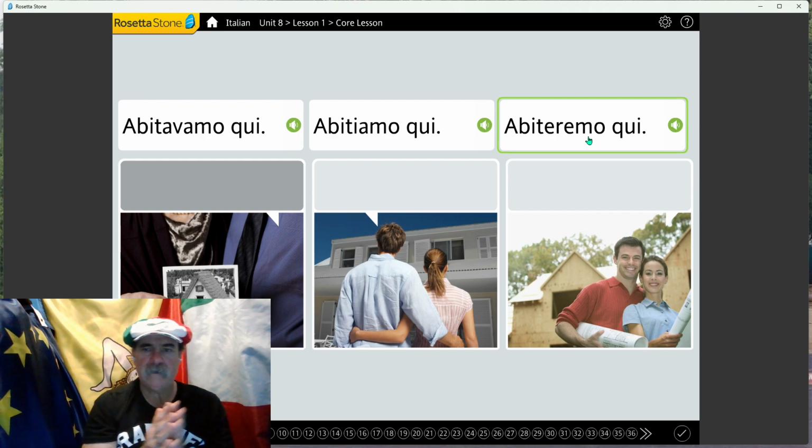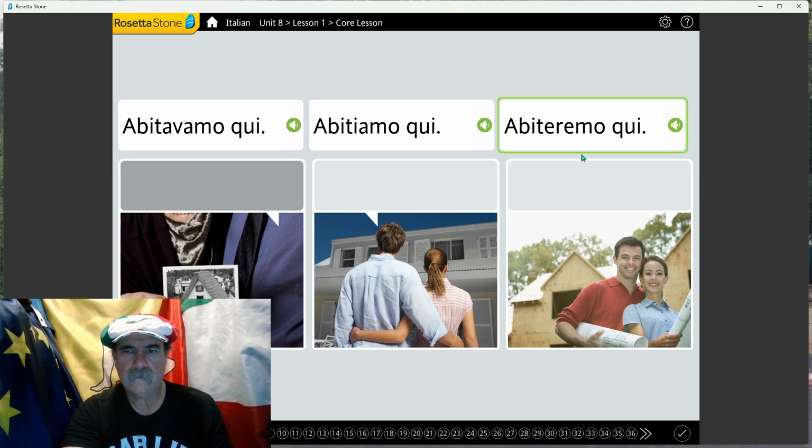That's either we're going to live here or we lived here. But if it's we lived here, there's usually an accent on it. Abiteremo, when it's in the future.